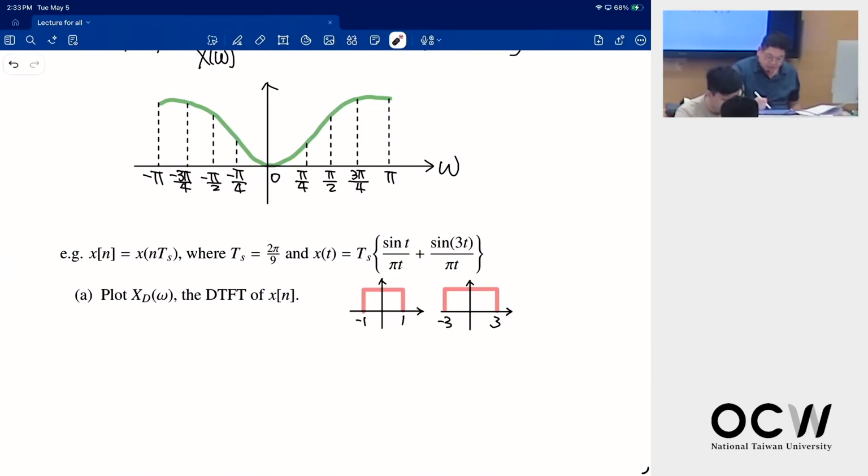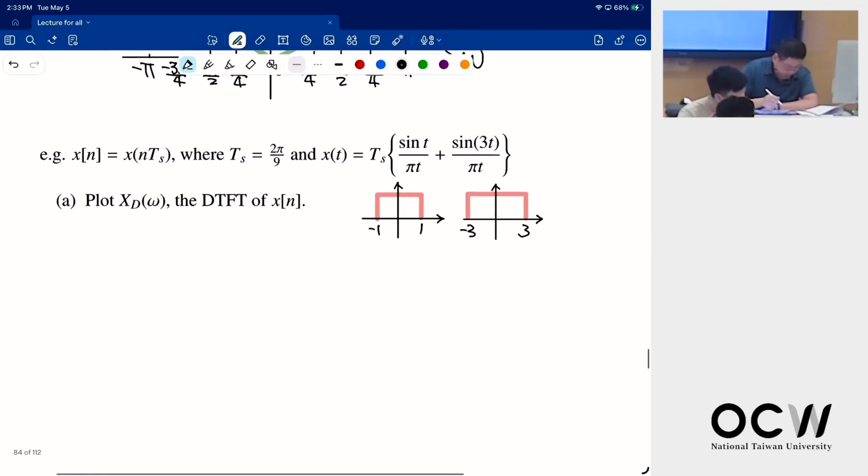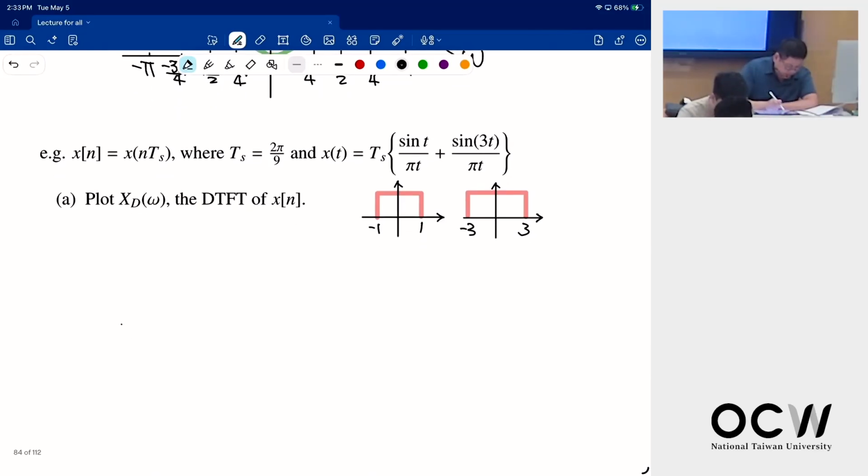And you multiply by Ts. So what is the Fourier transform of the continuous time signal?